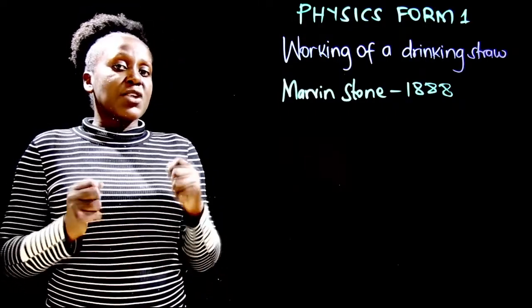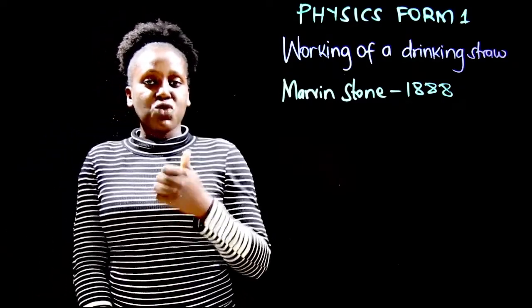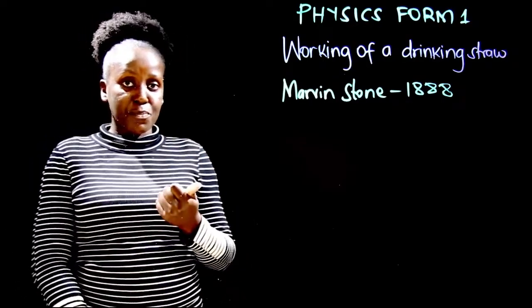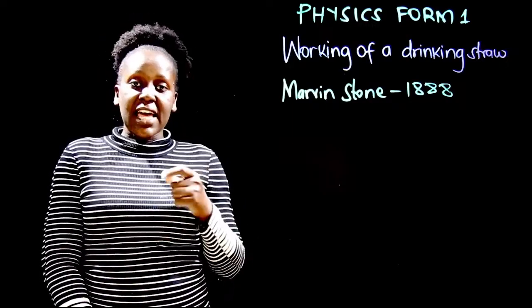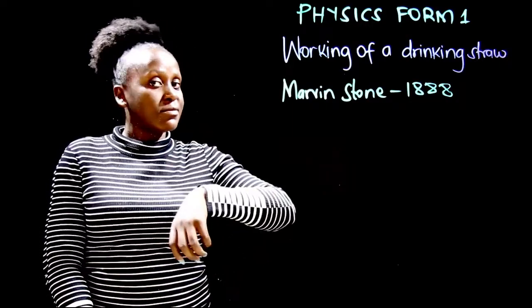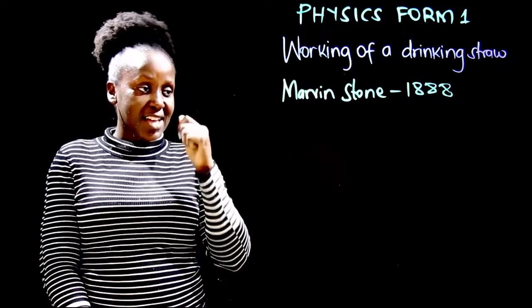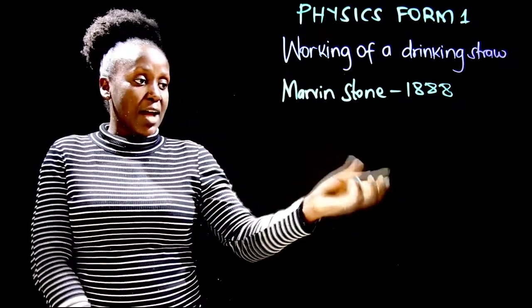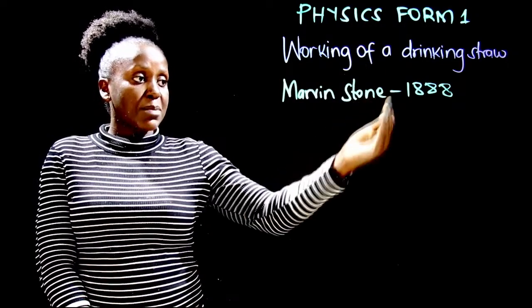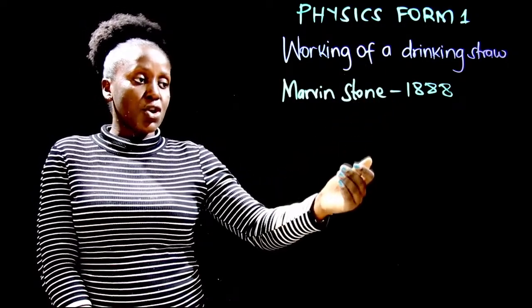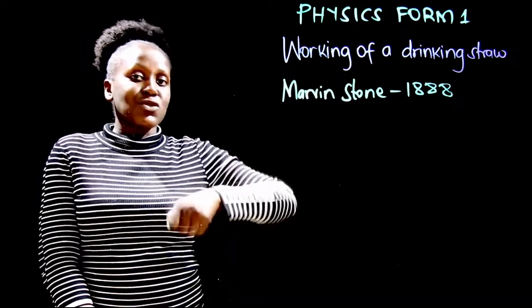Now, when you are using a drinking straw, I want you to imagine the first thing that you do. You put the drinking straw in your drink, and then you suck the drink, right? So like you can see in this diagram, we have a glass here that has a drink. Then we have this person here who is drinking from the straw. So the first thing to do is to suck.